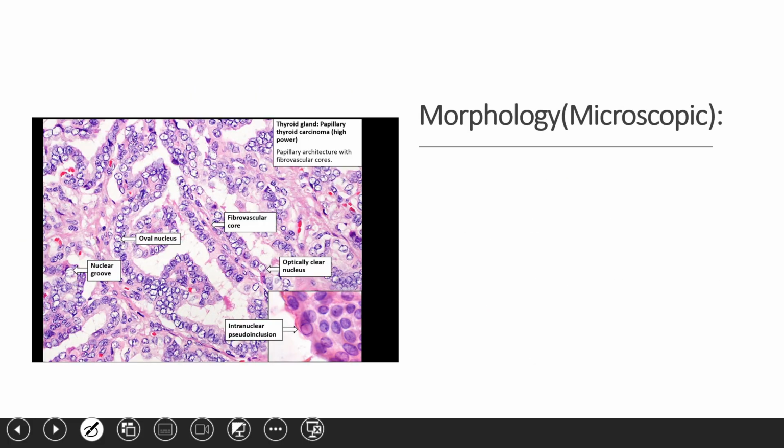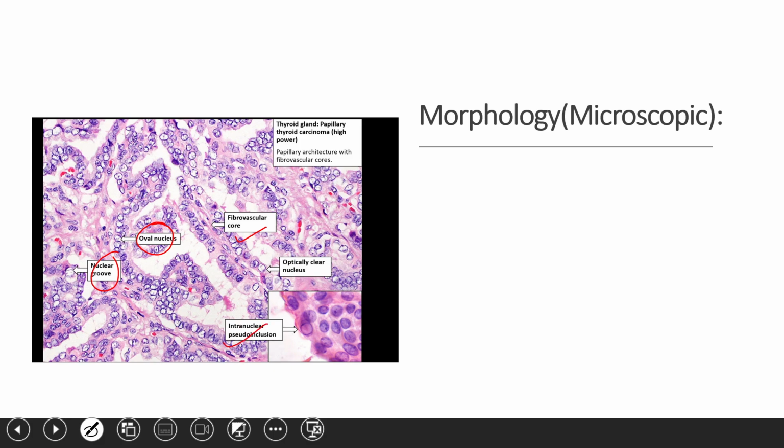Next, we see the microscopic picture of this conventional papillary thyroid carcinoma. Here we appreciate a fibrovascular core, oval nucleus, nuclear groove, and intranuclear pseudoinclusions.